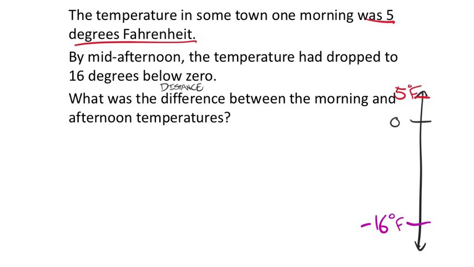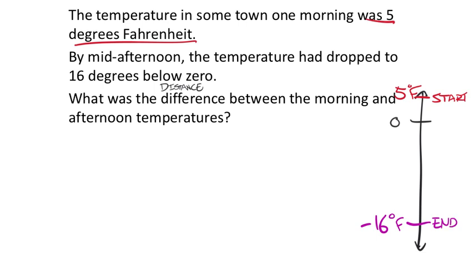Now that may make sense why it is going to be positive, but we can still look at this and see further why it is going to be positive still. So it's the distance between the morning and afternoon, so the morning is where we start, and the afternoon temperature is where we end.